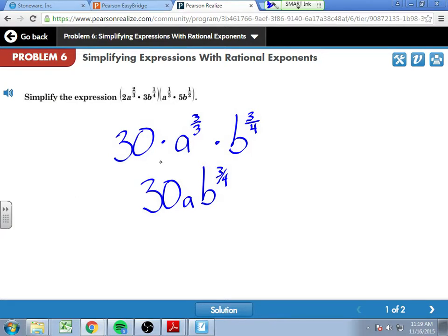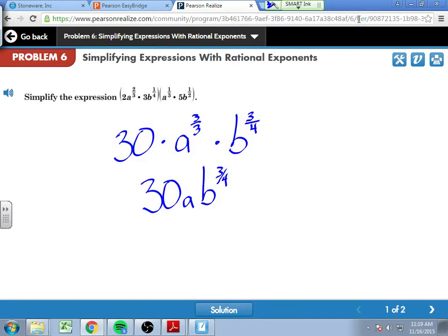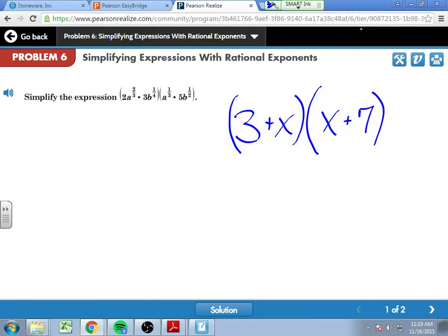What is FOIL? It's when you multiply two binomials: first, outside, inside, last. We've done this a couple times. Say we have 3 plus x times x plus 7. I'll even put them in a different order to be weird like that. From the 3, it's got to multiply by your x and your 7. From your x, it's got to multiply to your x and your 7.